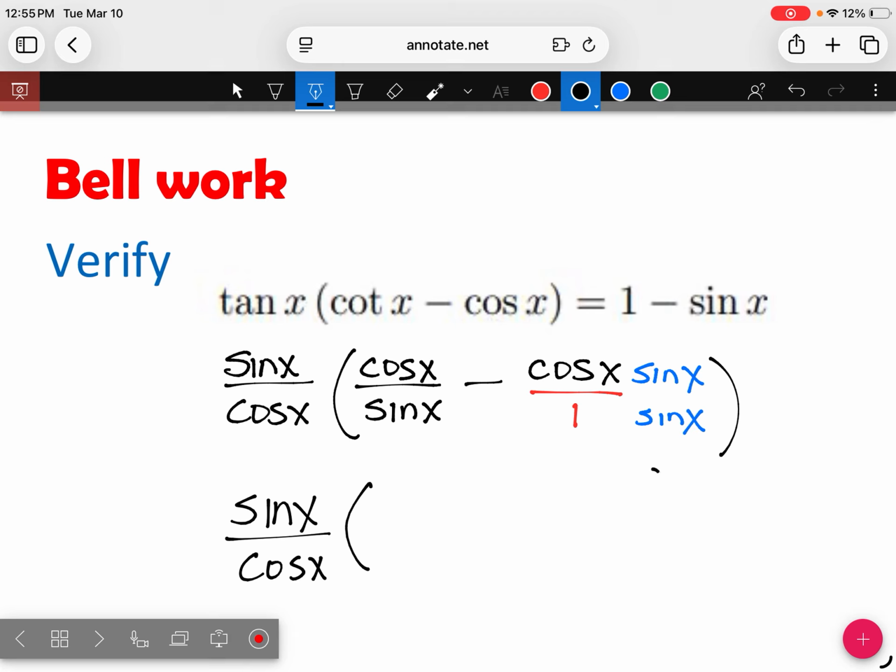And then inside of the parentheses, you have cosine minus cosine sine all over sine. Okay. Wait a minute. Now this is different. I might like this way. I didn't think about it like this.